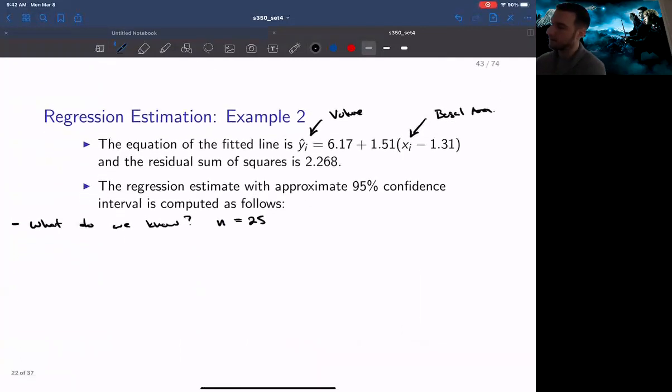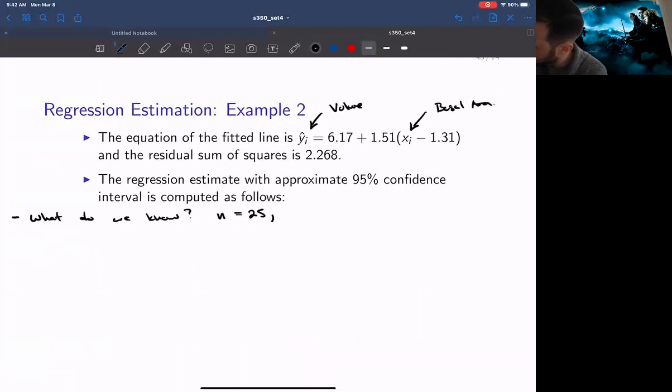All right. So we have our sample size. We know that our estimate of the volume is going to be 6.17. That's from here. We know our estimate of the slope of the relationship is going to be 1.51.